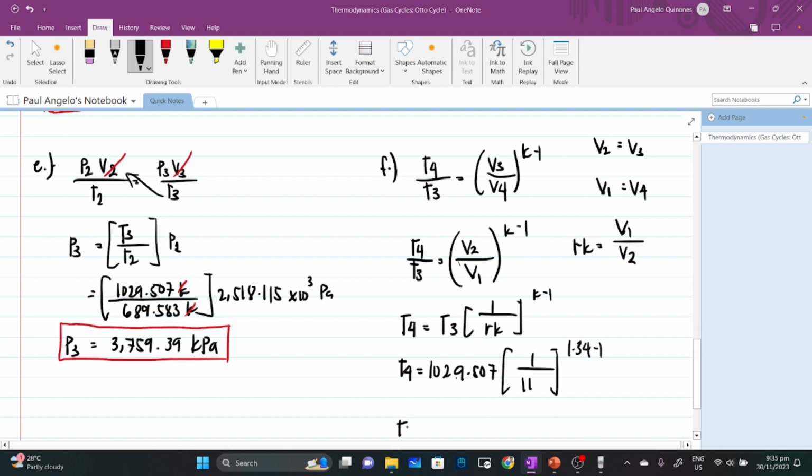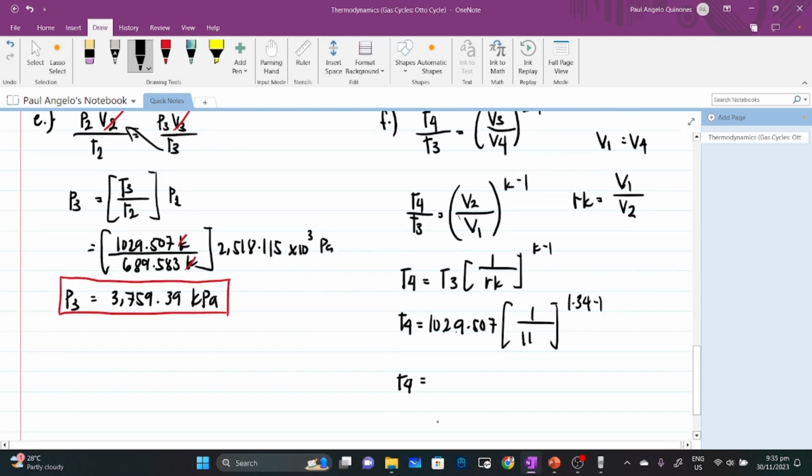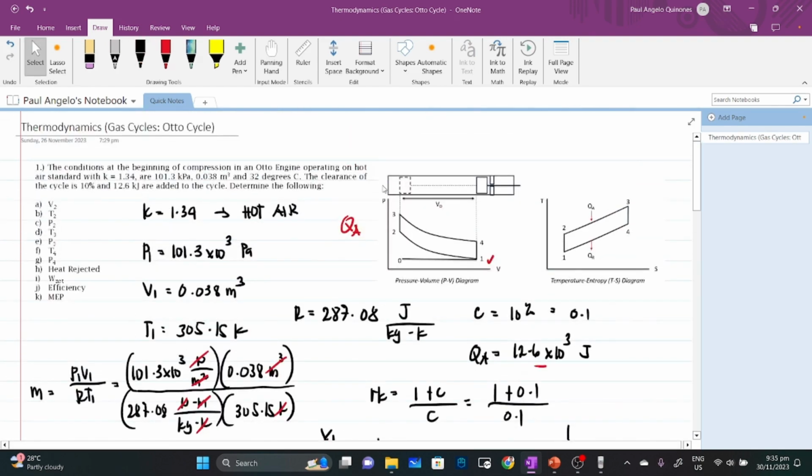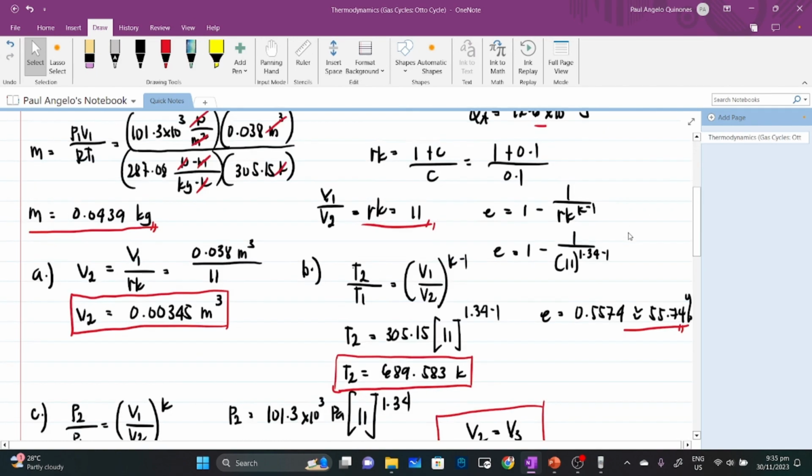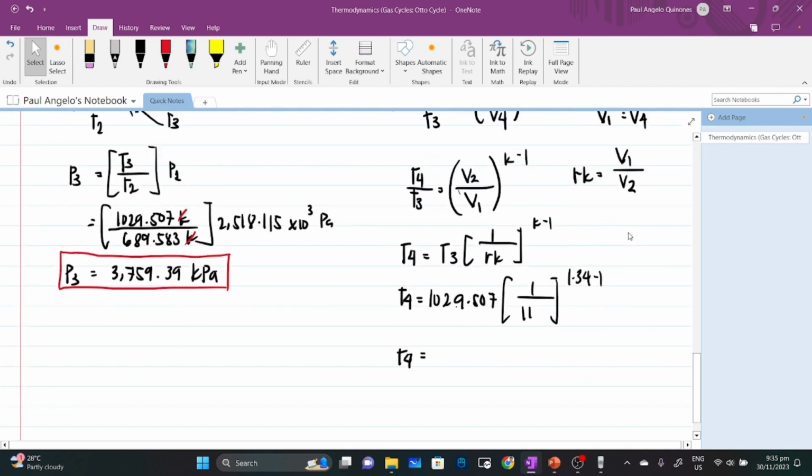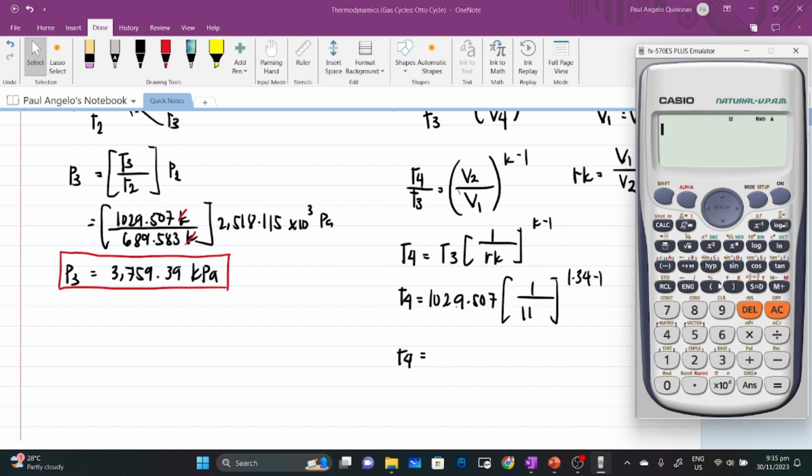So as you can see here, from point 3, what will happen to temperature 4? From point 3, your temperature will decrease. Okay? So therefore, we need a value that is less than 1029. So that is 1029.507 times 1 over 11 raised to 1.34 minus 1.